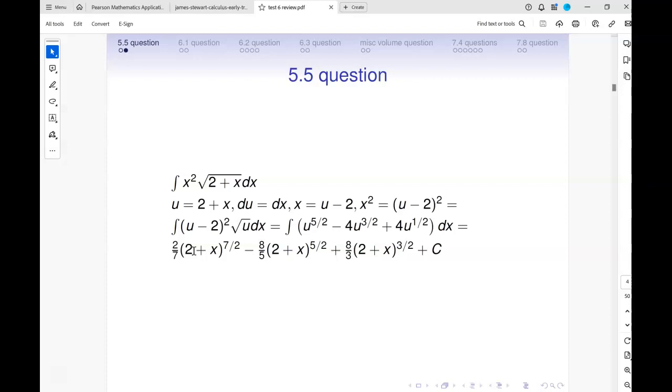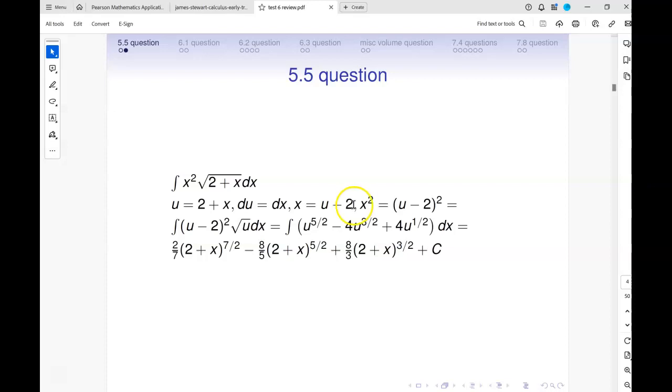Yeah, Isabel? Can you briefly explain what you did with the x squared? I didn't get that part. I still have an x squared when I make the substitution. So I took my u equals 2 plus x, and I subtracted 2 from both sides and said, okay, x is u minus 2.